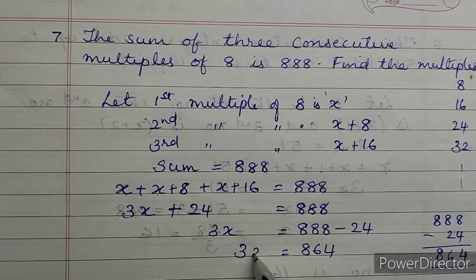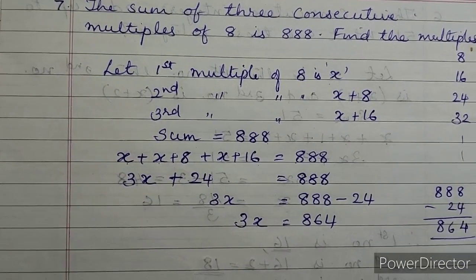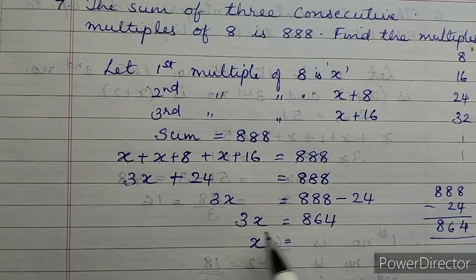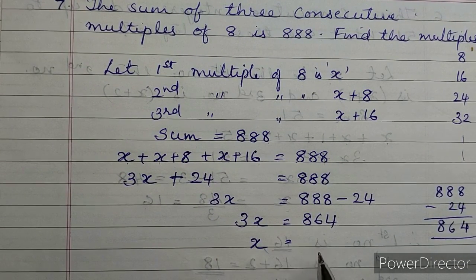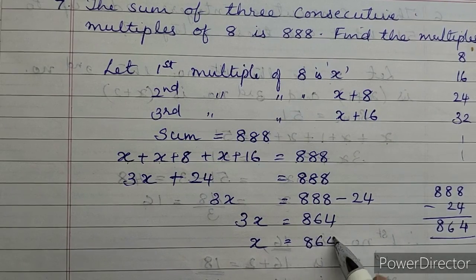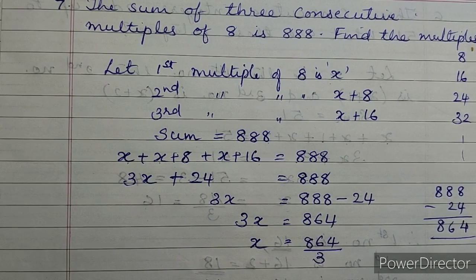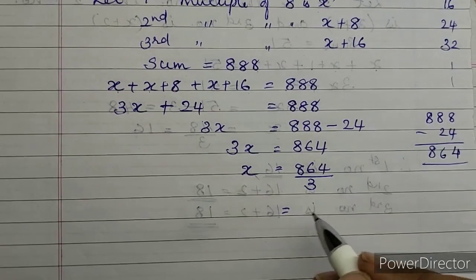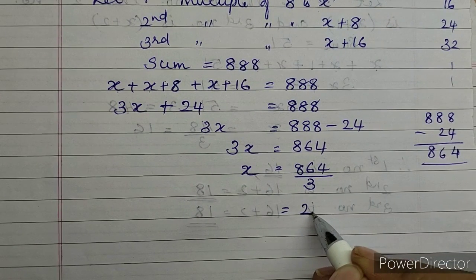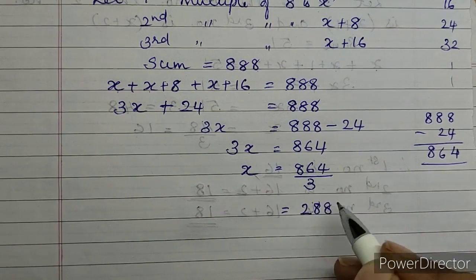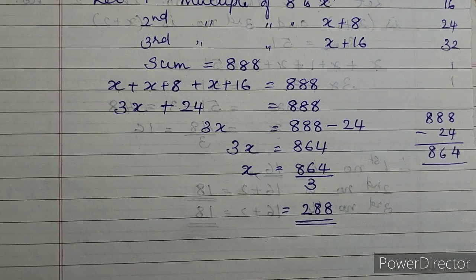So 3x is equal to 864. What will be x? Here it is multiplication, so this 3 will come as division. 864 divided by 3 is equal to 288. So you got the x value.